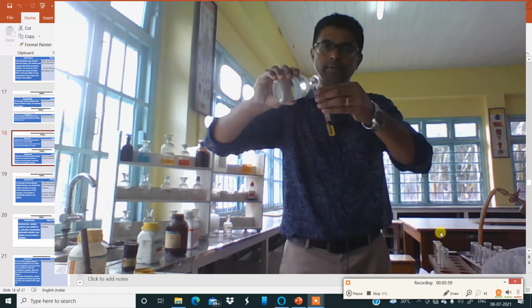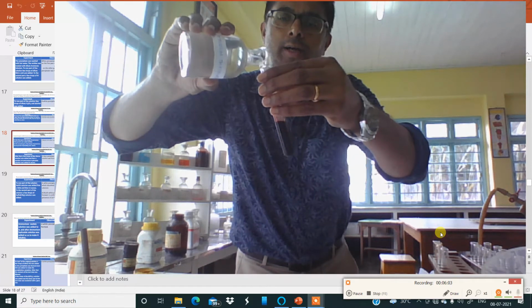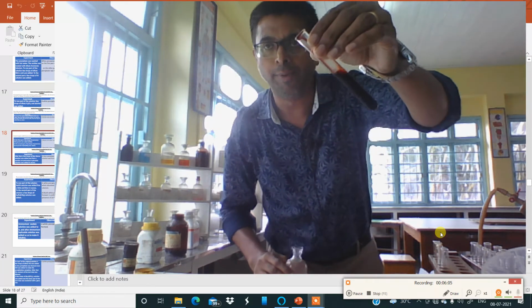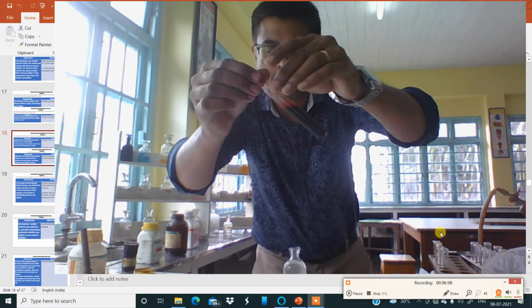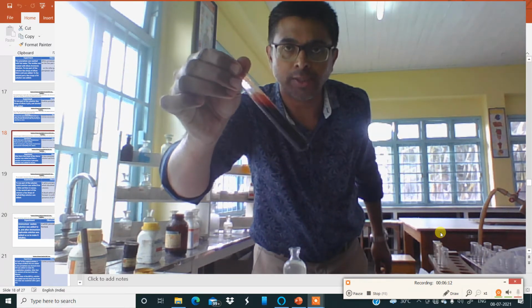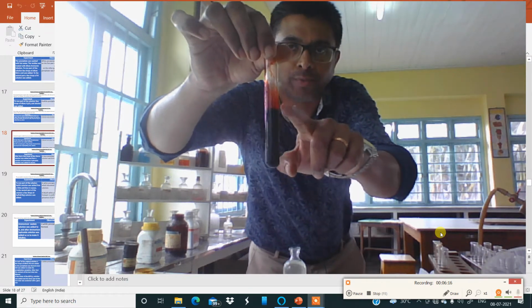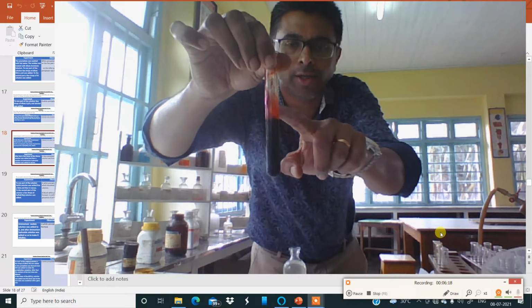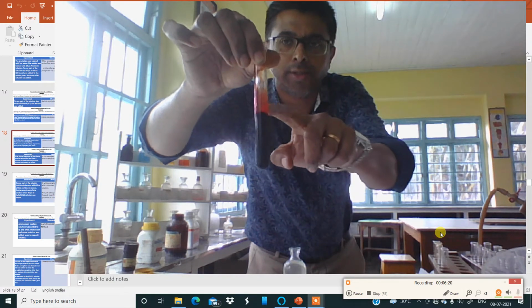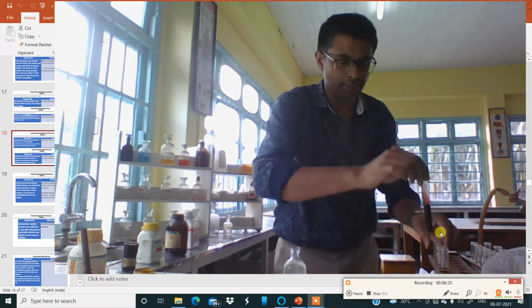You can see when I am adding, I immediately get a blood red color. The blood red color can be seen on the top part of the test tube. It looks like blood. This is called artificial blood. In chemistry, this is how we prepare artificial blood. So this confirms the presence of iron 3.